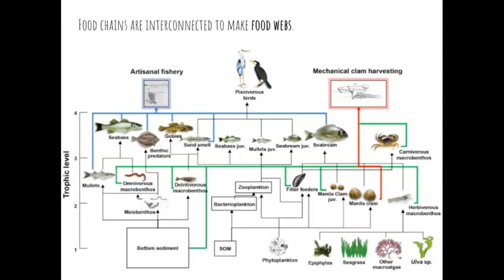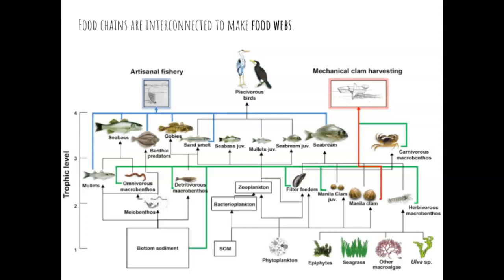So in that case, if you are eating fish as an artisanal fisherman, you are at a level 5 in this trophic level. However, if you were to eat clams, which are at a level 2, you would actually be at a level 3 because you're eating the things at the level 2. So you can look at the things that you eat and kind of find out where you actually fall on a trophic level.